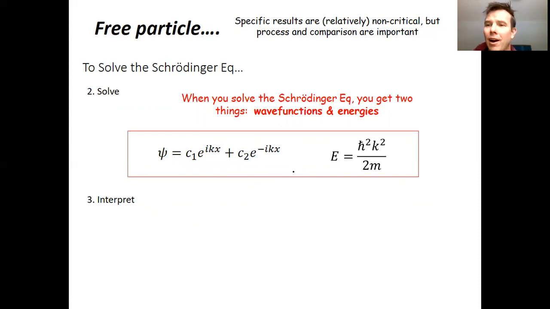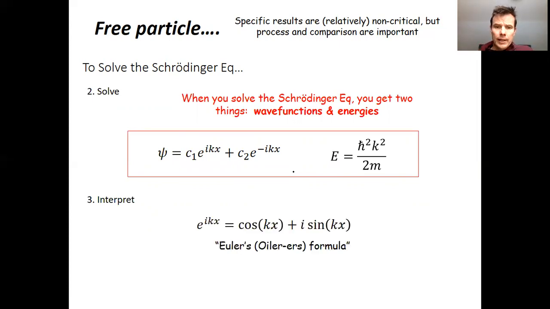All right, our last step in the process was to interpret. And I need to give you a real quick note here on some complex analysis. Anytime you take a complex analysis course, this is one of the first equations you'll memorize. It's one of the most useful ones. It's called Euler's formula.